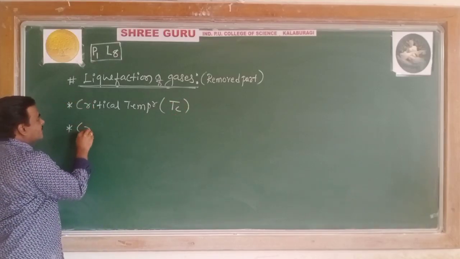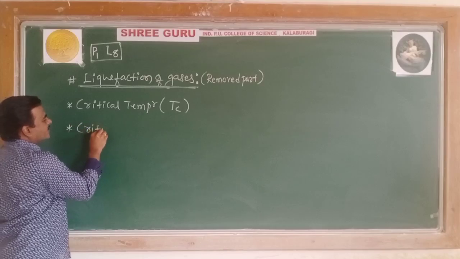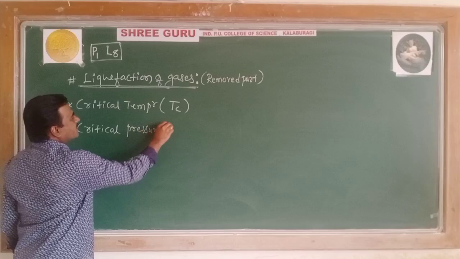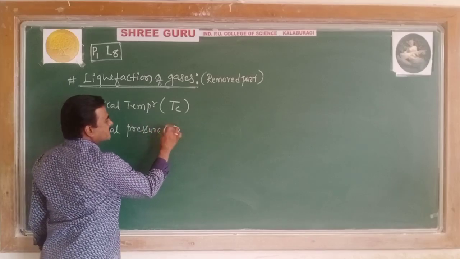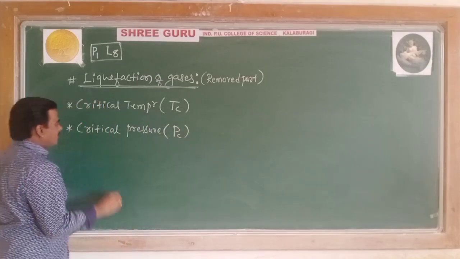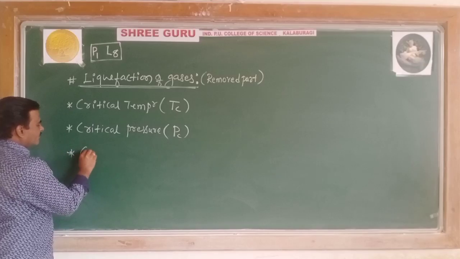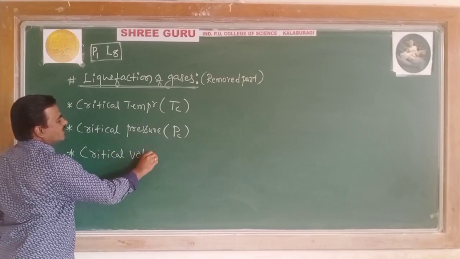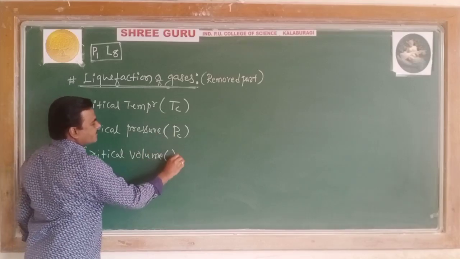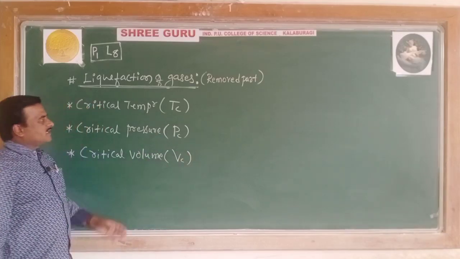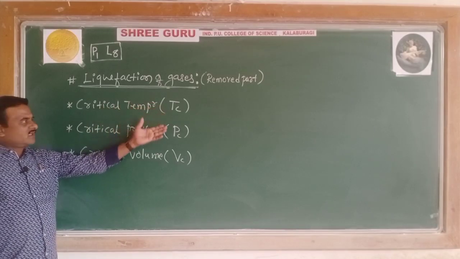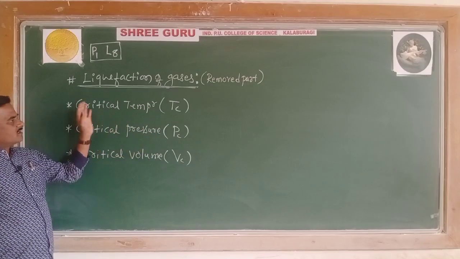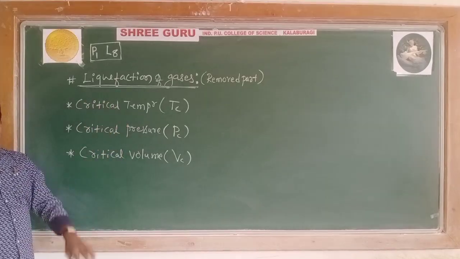Second one is critical pressure, PC, subscript C. And critical volume, VC. So let me cover the meaning of these ideas so that you will get an idea.